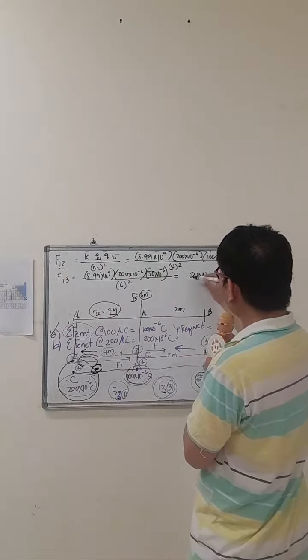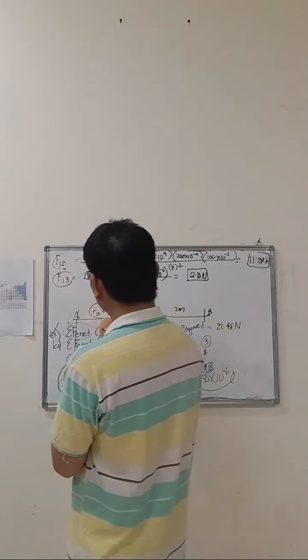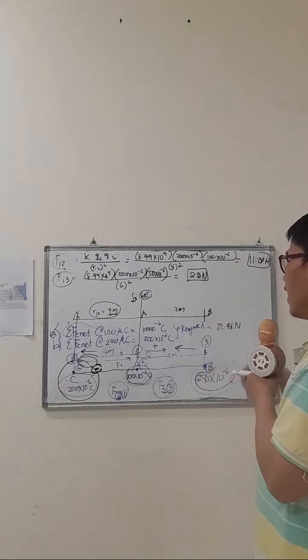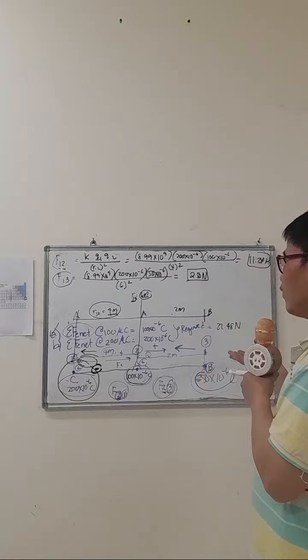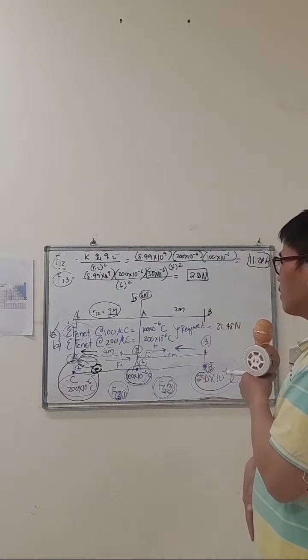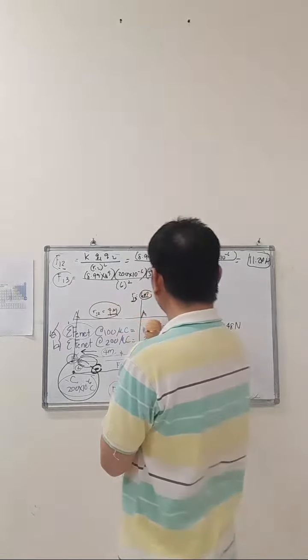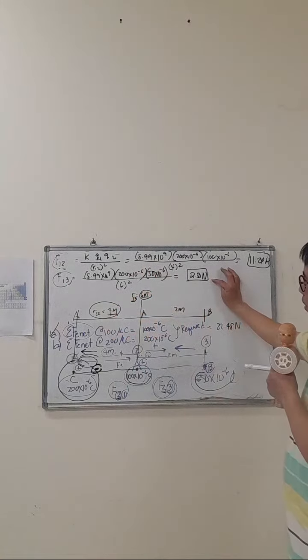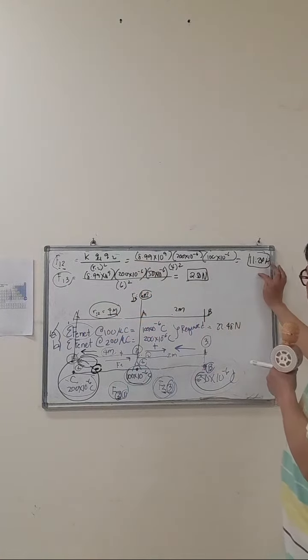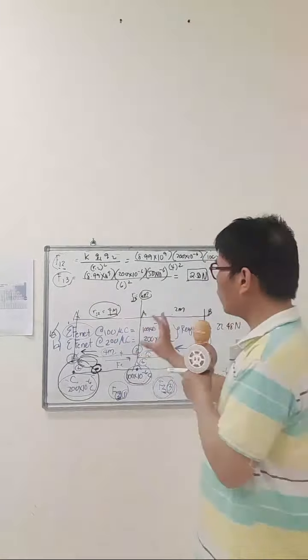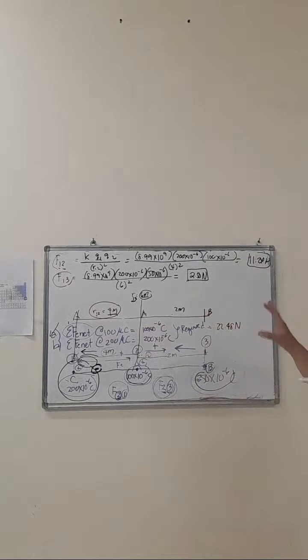Then F12, take note, is very high, because guys, the electric force is inversely proportional to the radius. If the radius is so high, F13 at 6 meters, obviously your force will be lesser in F13 compared to F12. F12 is 4 meters only, so obviously your electric force will be higher.